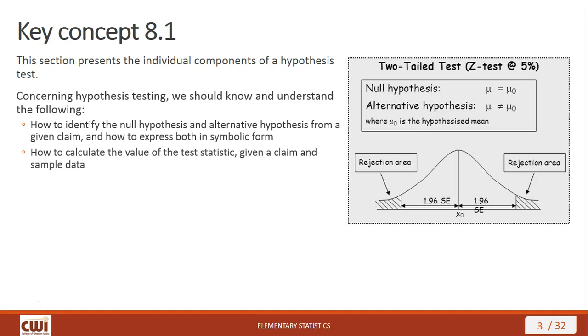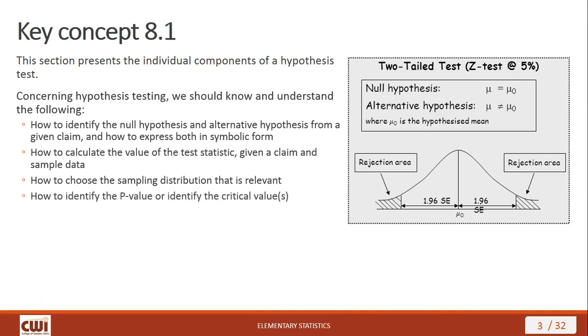We need to know how to calculate the value of the test statistic provided a claim and sample data. We need to know how to choose the sampling distribution that is relevant. We need to know how to identify the p-value and the critical value. We need to know how to state the conclusion about a claim in simple, non-technical language.